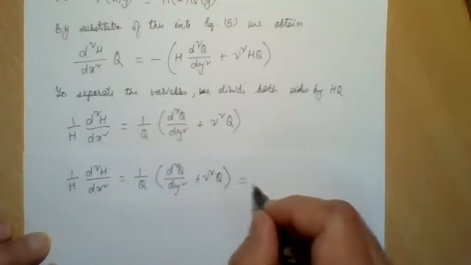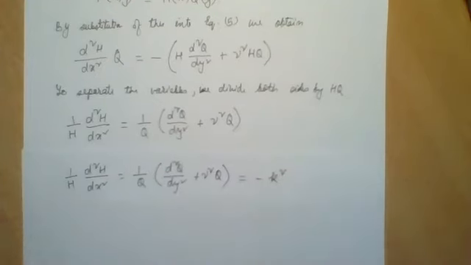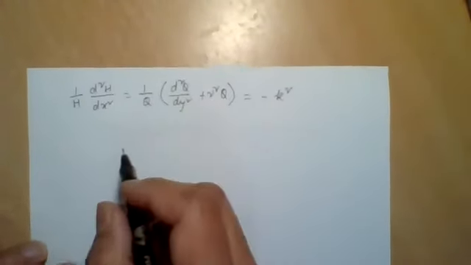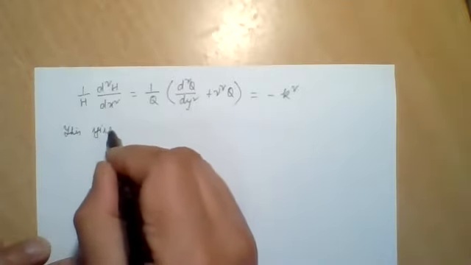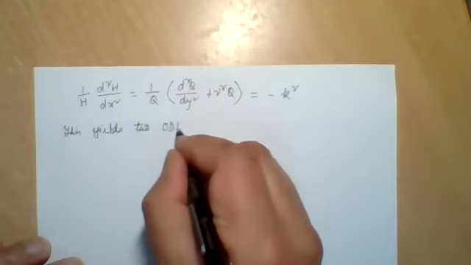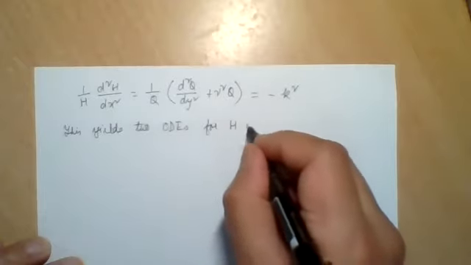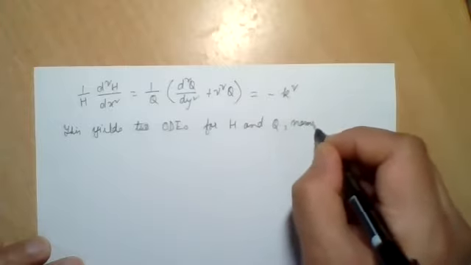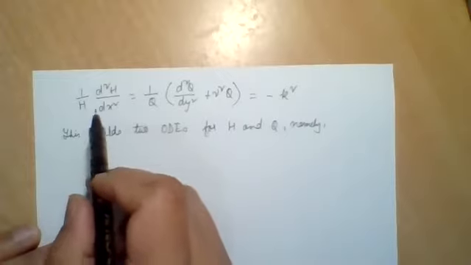This should be equal to a constant, and we have named the constant as minus k square. Okay. So this yields two ordinary differential equations, two ODEs for h and q, namely, so first I take this and this.